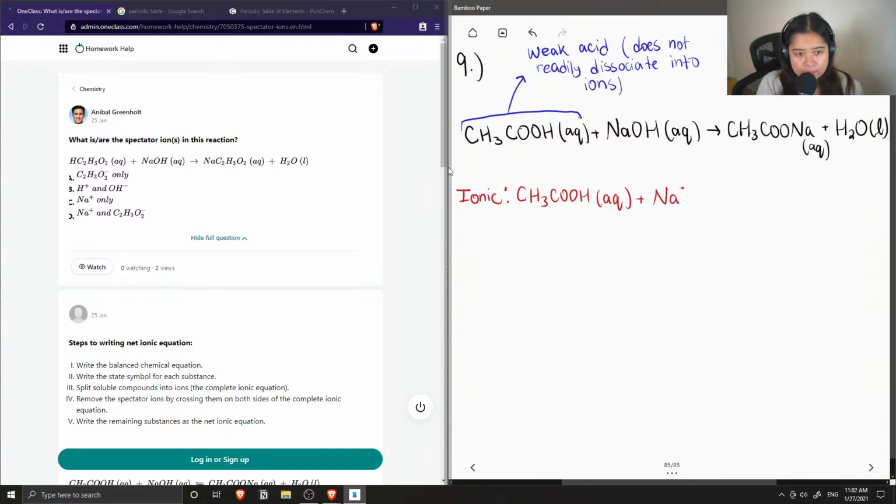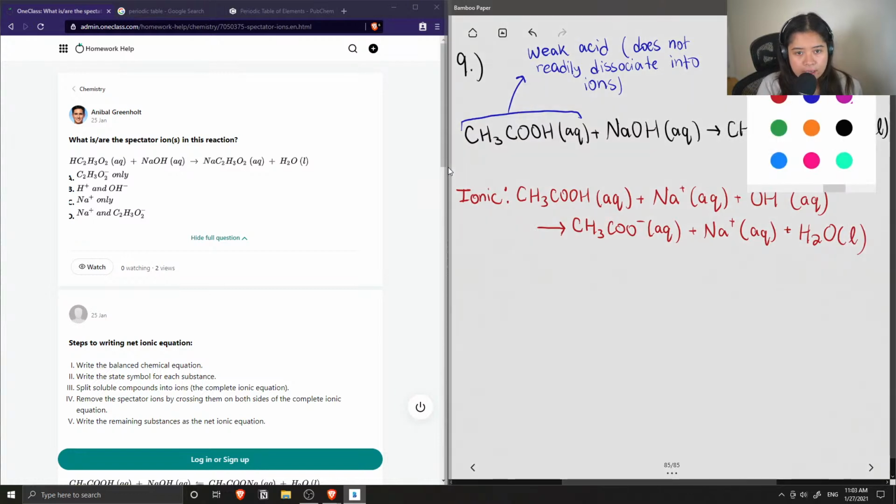For example, sodium plus OH minus, and then we can have this produce sodium acetate, which will separate into its ions. And our water, since it's in liquid form, will also stay as is. So now this is our ionic equation.